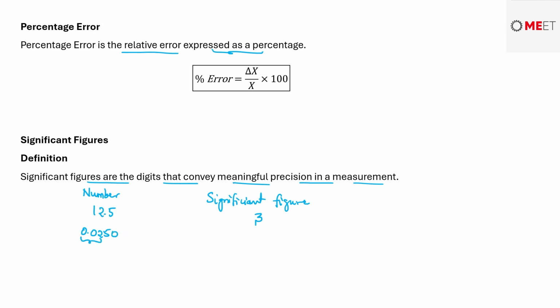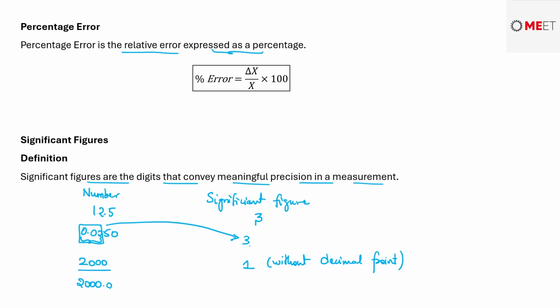These numbers represent significant figures. 2000, significant figure is 1, since it is without a decimal point. 2000.0, significant figures are 5 over here. All the digits will be counted over here.